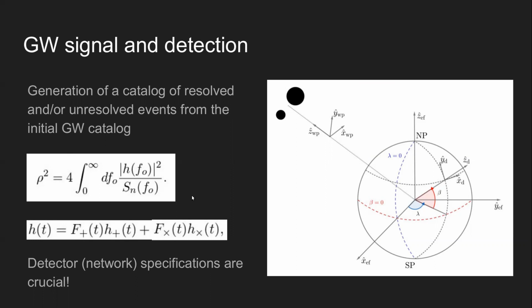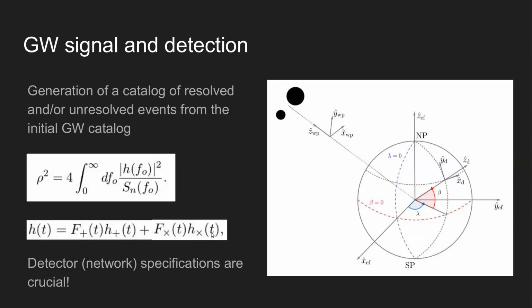And just to give you an idea, when you compute a signal to noise ratio, you're really doing some, let's say, integration over your frequency range characteristic of your observatories, of your gravitational wave strain, and over the noise of your instrument. And the strain depends on what are called antenna patterns, F plus and F cross, and the strain of the two polarization states of the gravitational wave, H plus and H cross.